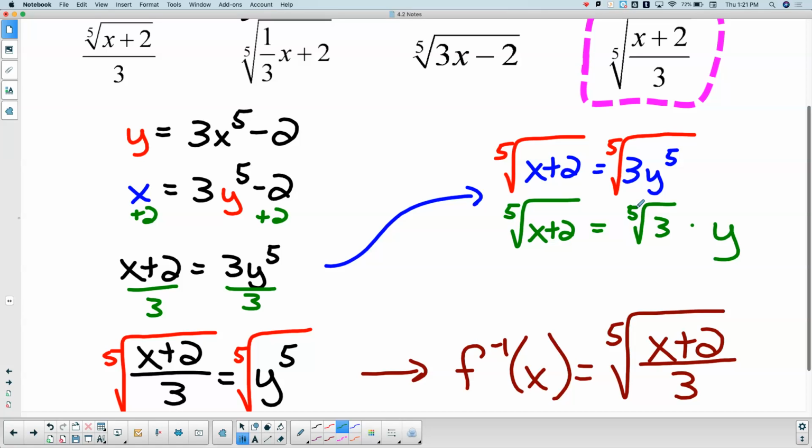Just taking the 5th root right here doesn't just clear the 3. It clears the y. But that 3 then gets the 5th root of 3.